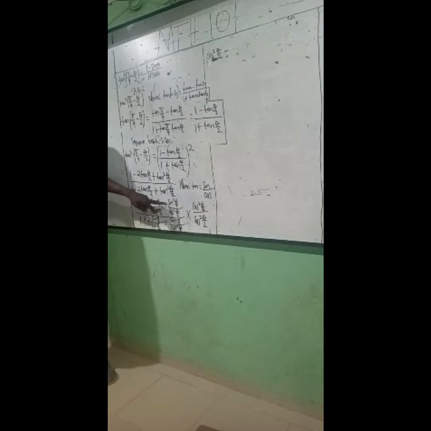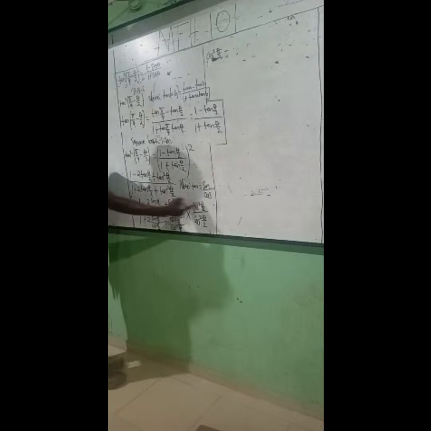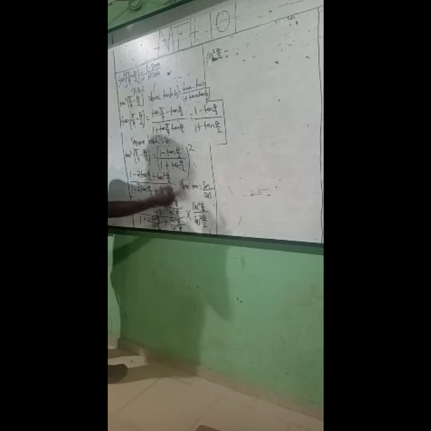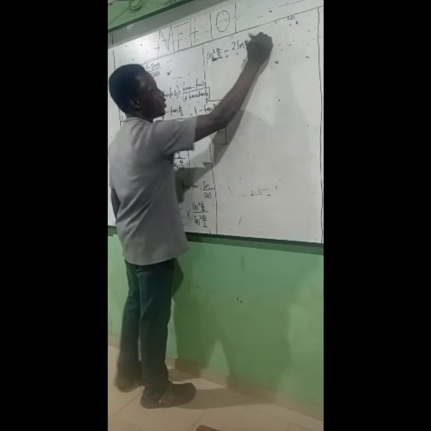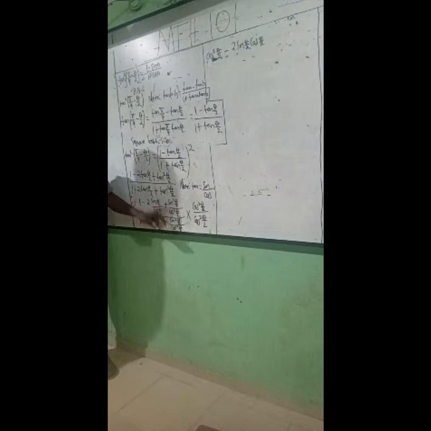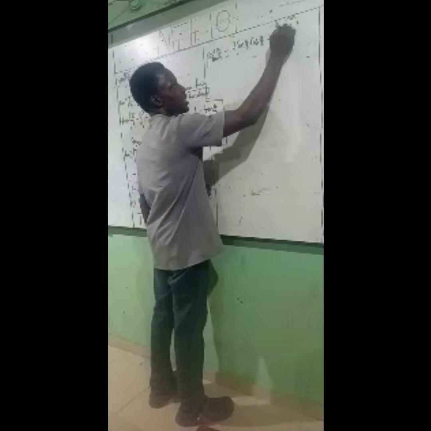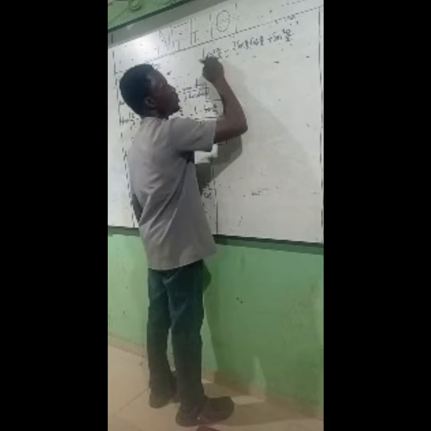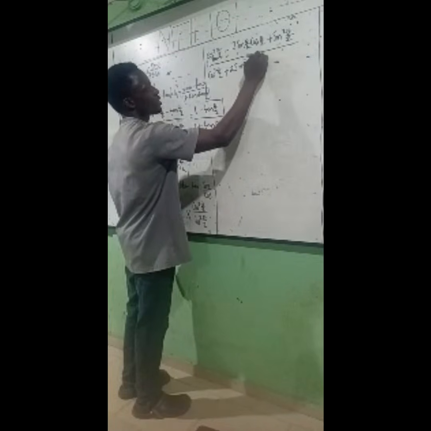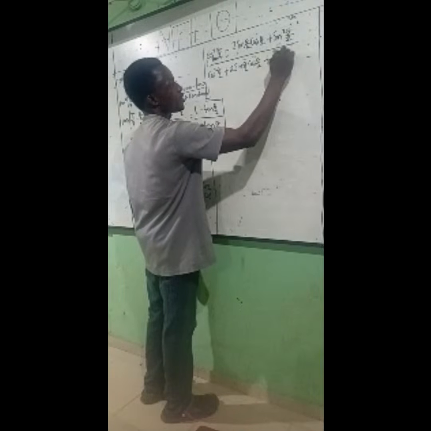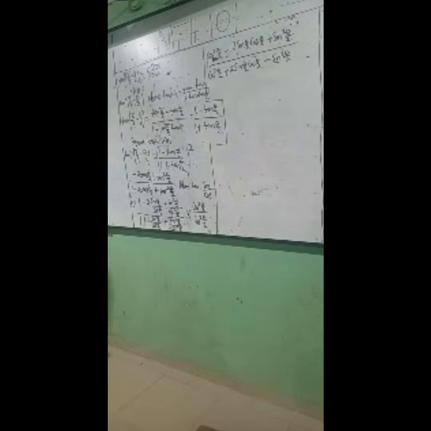Cos(θ/2) times 2 sin(θ/2), so 2 sin(θ/2) cos(θ/2). Plus sin squared(θ/2), divided by the same denominator: cos squared(θ/2) plus 2 sin(θ/2) cos(θ/2) plus sin squared(θ/2). Is it clear to that part?